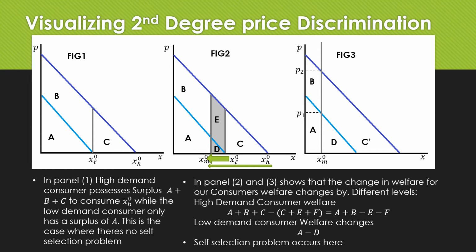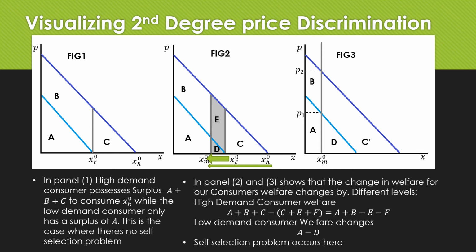In panels 2 and 3, figures 2 and 3, we see the changes in welfare when our monopolist restricts output, as in he chooses to produce a single quantity and charge different prices in the markets.